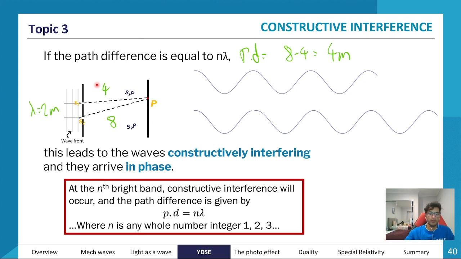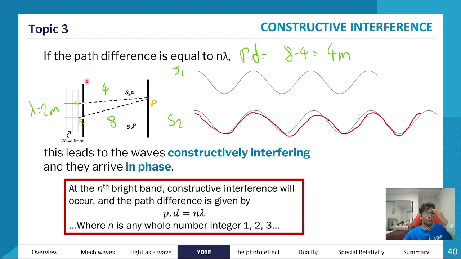What does this mean? You can imagine it like this, and I'll do it in different colors. Let's say this is S1, and this one is S2, so wave 1 and wave 2.